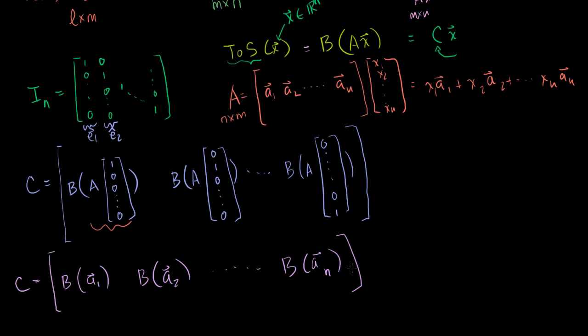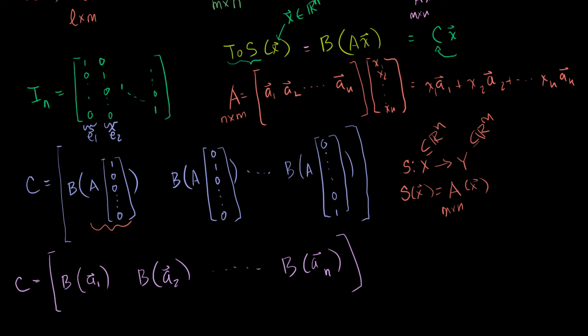Remember what we were trying to do. Let me summarize everything that we've done so far. We had a mapping S from X to Y, where X was a subset of Rn and Y was a subset of Rm, and we said that this linear transformation could be represented as some matrix A, where A is an m by n matrix, times a vector x.